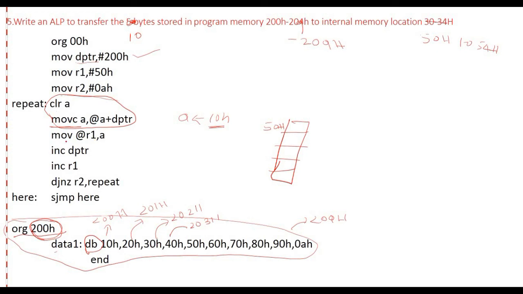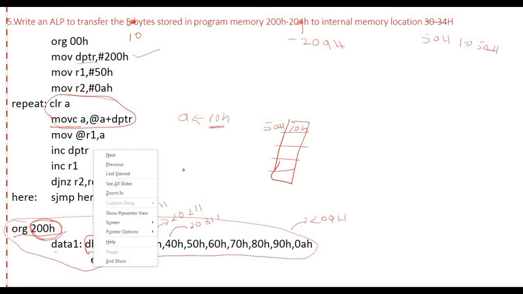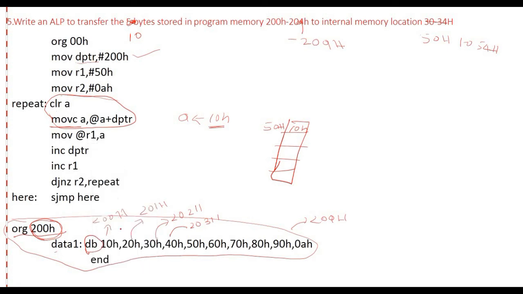That's why the instruction we use is just MOV. So 50H will have the data 10H. Next, DPTR is incremented, so DPTR will point to the data 20H, and the destination pointer will point to 51H.